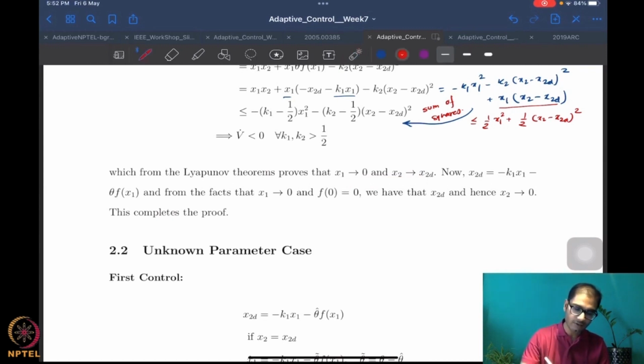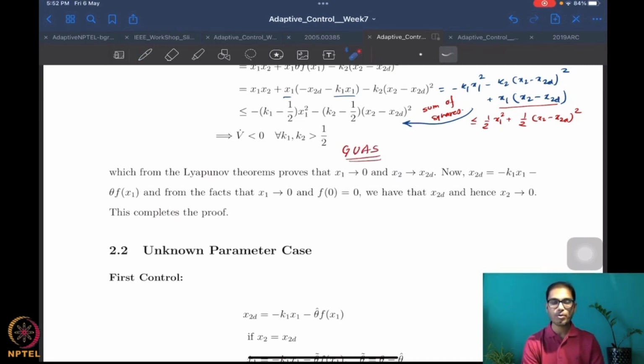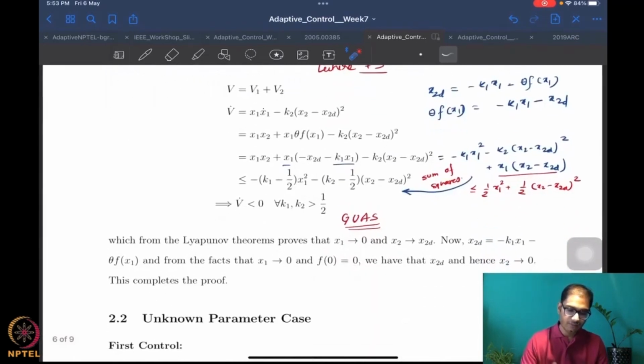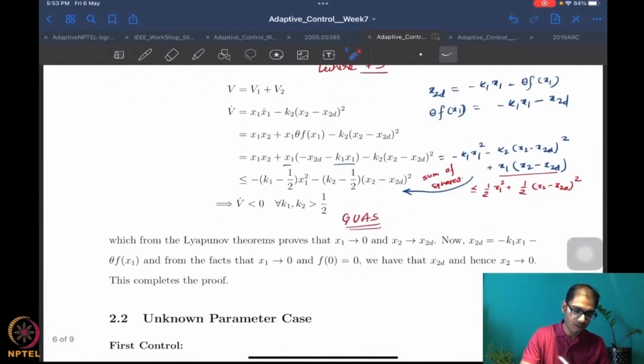So essentially you have global uniform asymptotic stability, essentially the best property that you can look for. So great. In fact, if you look at it very carefully, you can even conclude global exponential stability, if you so desire.